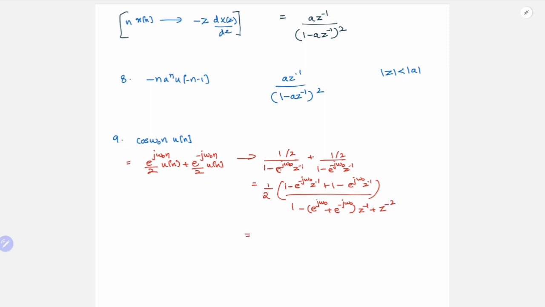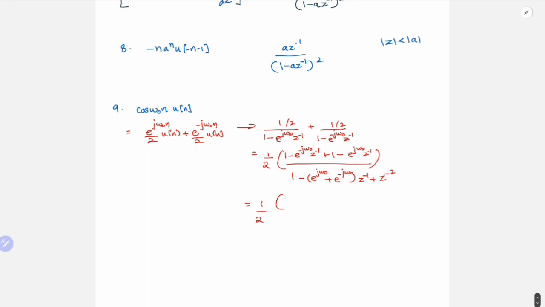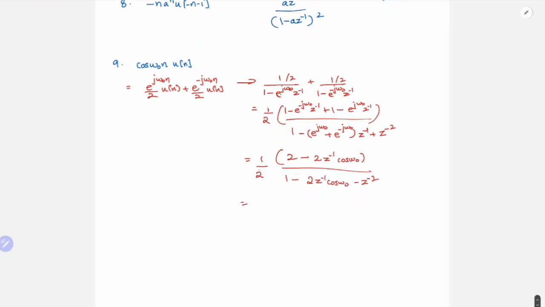If you simplify, you will have 1 by 2 into 2 minus 2 z inverse cos omega naught. I can take z inverse common out and write this as 2 cos omega naught divided by 1 minus 2 z inverse cos omega naught minus z inverse square. So this 2 and 1 by 2 will cancel. I'll have 1 minus z inverse cos omega naught by 1 minus 2 z inverse cos omega naught minus z inverse square. And my ROC will be the intersection of both ROCs.